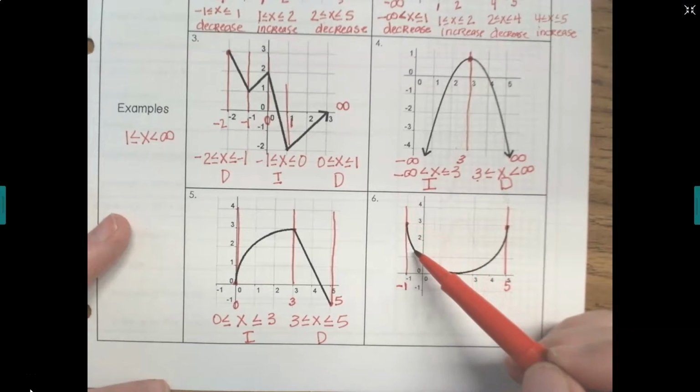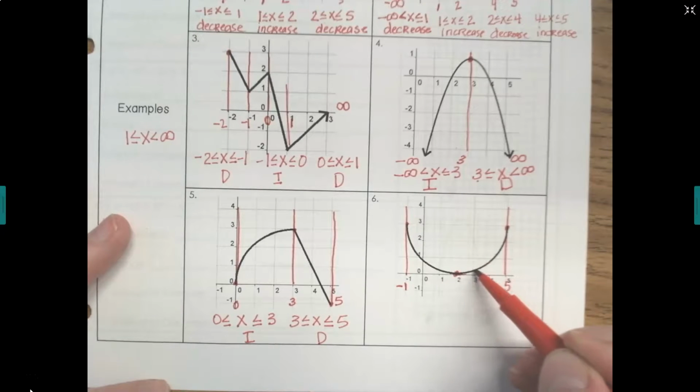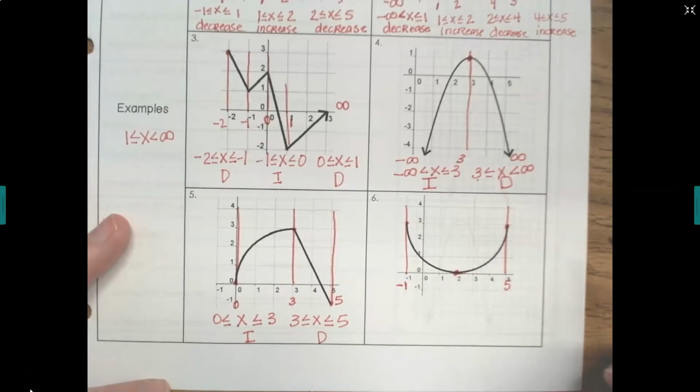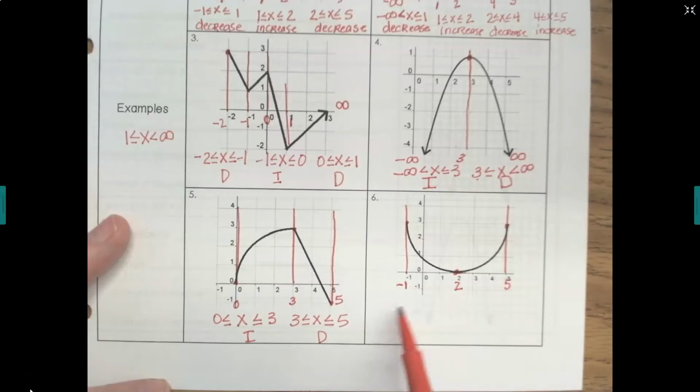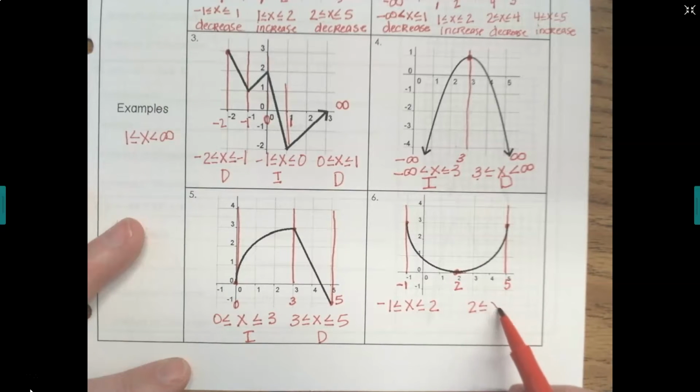We're going down, down, down, down, down until we get to right here, and then we start going up, up, up, up, up. So that's where x is 2. So we can see our two intervals. Negative 1 is less than or equal to x, which is less than or equal to 2. And 2 is less than or equal to x, which is less than or equal to 5.